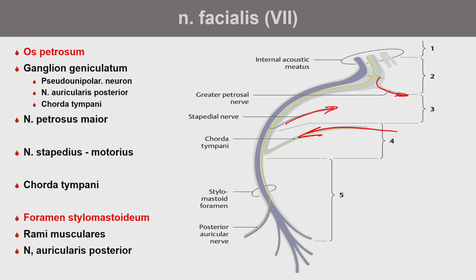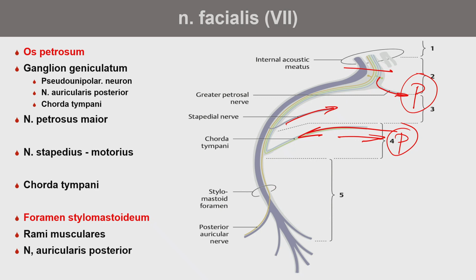Next is the greater petrosal nerve, and here is also the chorda tympani. The parasympathetic fibers are very important, because when you have a lesion here, you have xerophthalmia, so you have a patient without production of tears, and also no salivation in the major salivary glands like submandibular and sublingual.